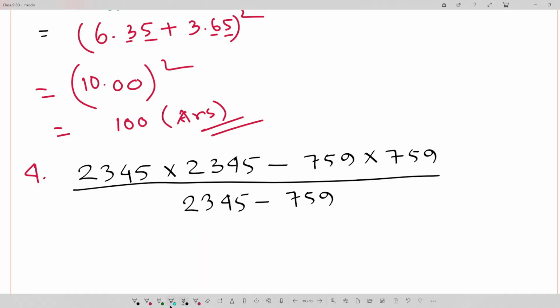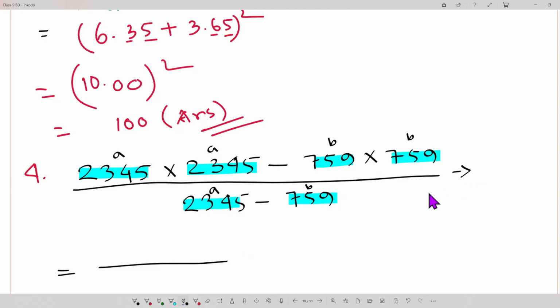Very simple. Question 4 is a very interesting thing. Look at this fraction: 2345 times 2345 minus 759 times 759, divided by 2345 minus 759. If you use a calculator, you have to do lots of things, but if you consider this one is a, this one also a, this one b, this one also b, this one a and this one b.